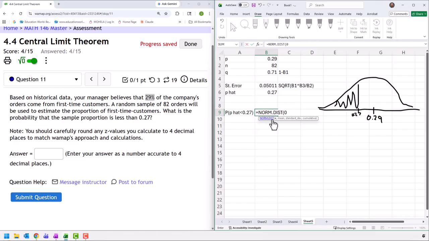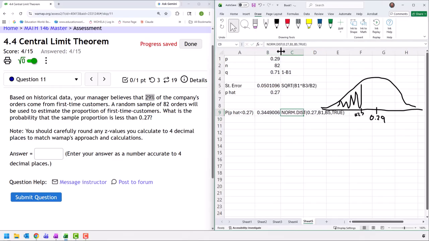We have the interested value. We've got the mean. We've got the standard deviation. And then we want the area to the left, so this is going to be a true situation. Just putting this here, and I'm going to drag this over a little bit just to make sure of my probability. So 0.3449 is going to be our answer here.